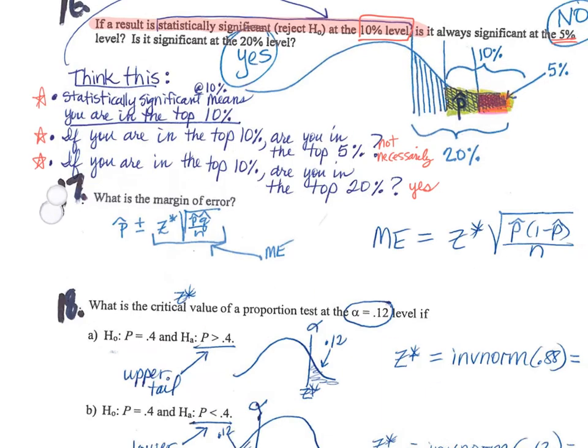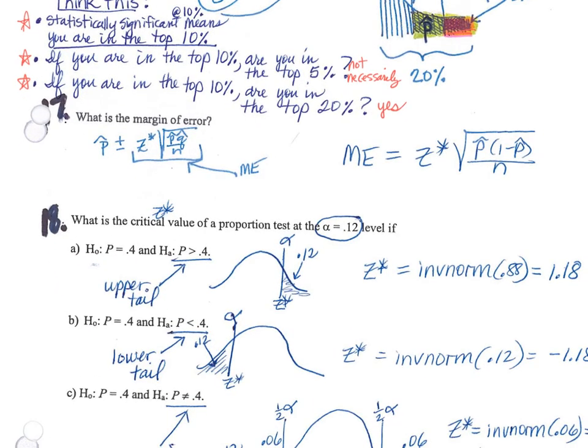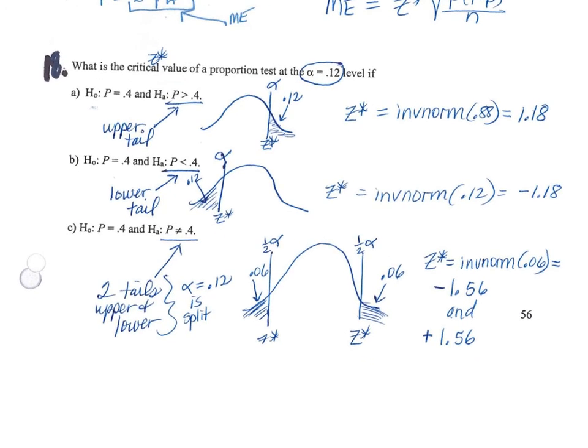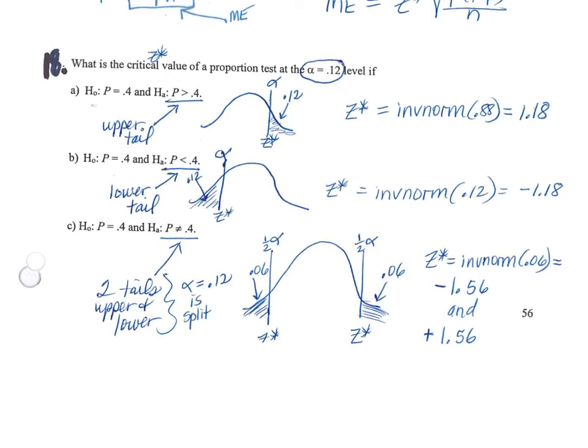All right. 17 just asked you for that margin of error formula, but let's look at 18. 18 is similar to that number 15 we were talking about a minute ago. Okay. So, number 18 asks, what is the critical value? This is a vocabulary thing. If you remember, critical value is a Z star. Okay. So, and alpha is 0.12. What does that mean if alpha is 0.12?